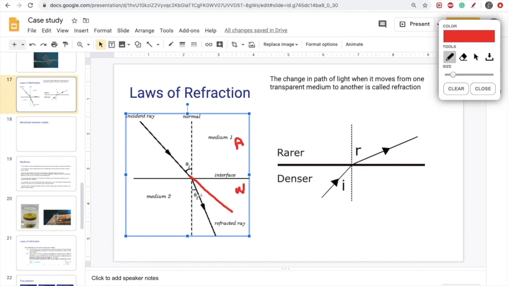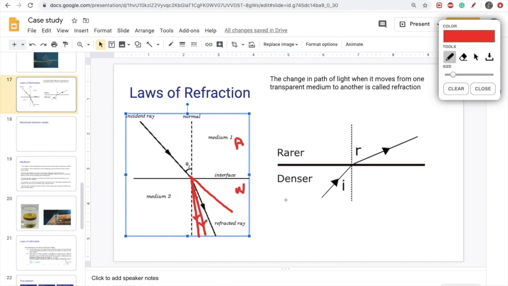Now if it was glass, because glass is even more dense, it would have bent even more towards the normal. So with every medium it bends a little differently. Between kerosene and glass, which is denser? Glass, because glass is more dense than kerosene. So it would have bent even closer to the normal.